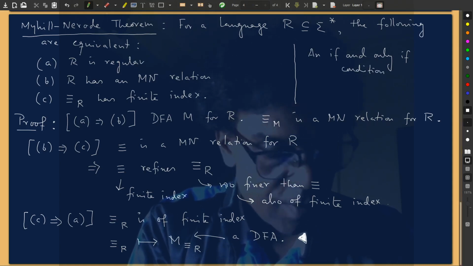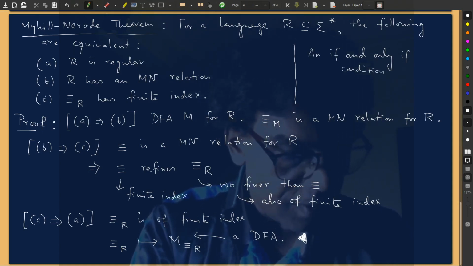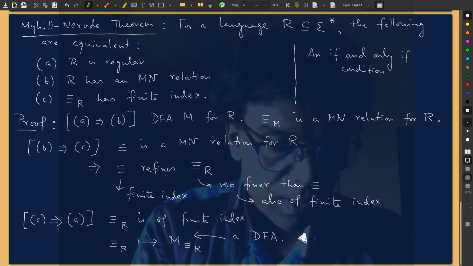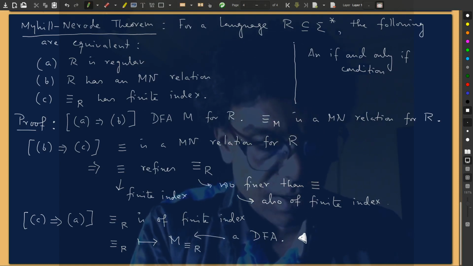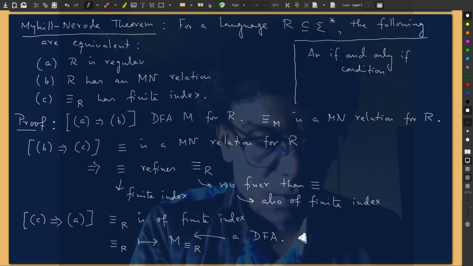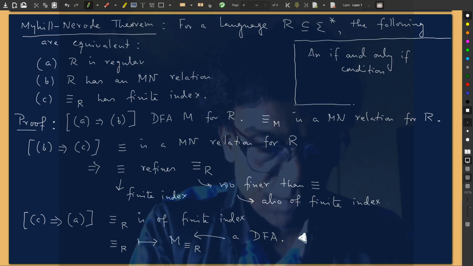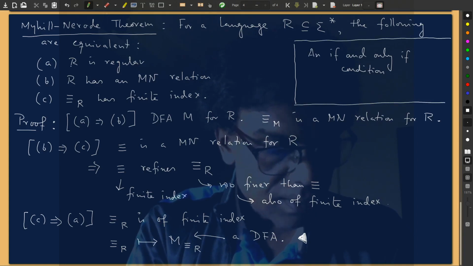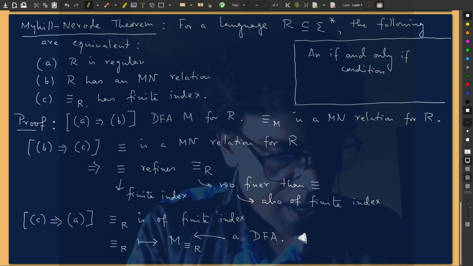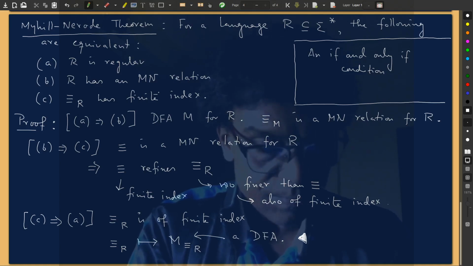I have never used any machine in the statement of this theorem. Of course, during the proof I have used some machines, but that's okay. The statement does not make use of any machine. In particular, it says that a language R is regular if and only if the corresponding Myhill-Nerode prime relation has finite index.